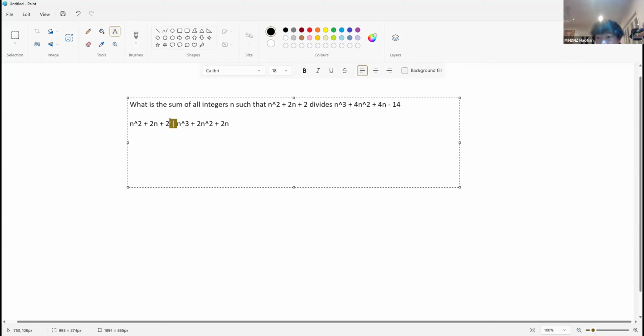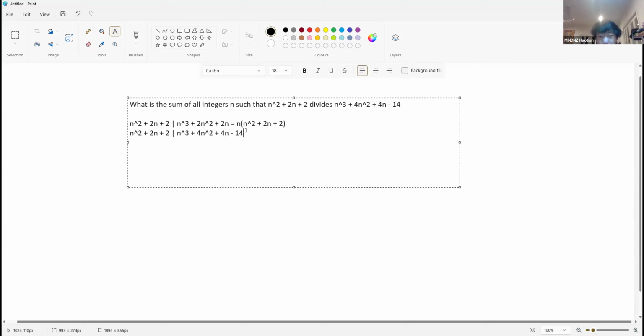This is the symbol for divides, if anyone forgot. And this is true because this is equal to n times that, right? And any number divides n times itself.